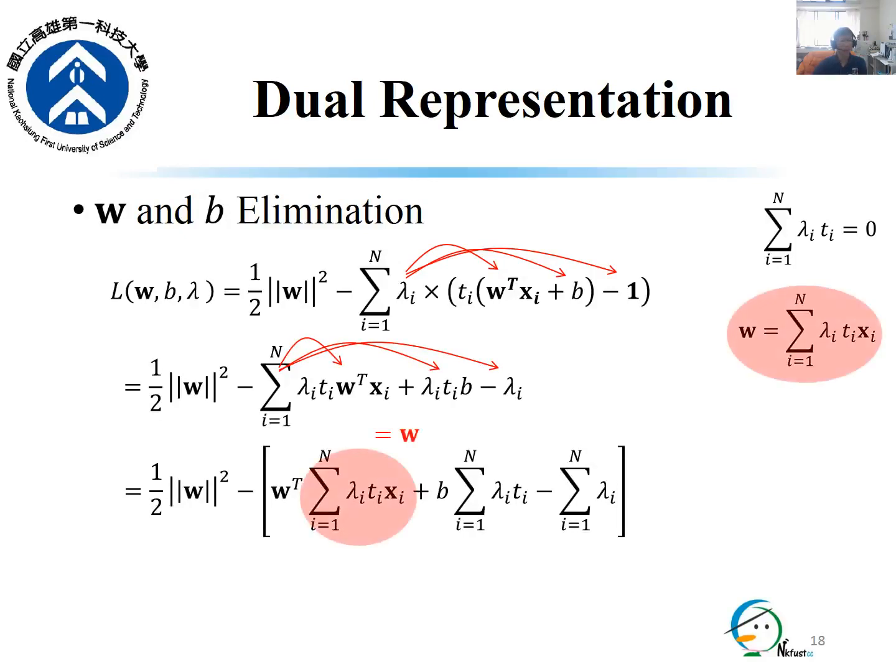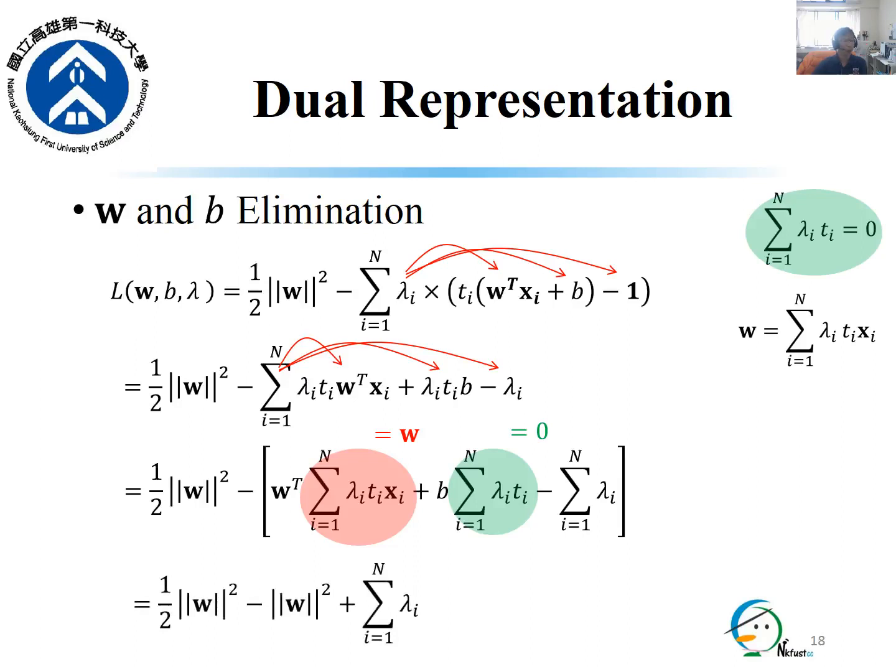This term is W, and this term is 0 according to the obtained two equations. Thus, Lagrangian function equal to 1/2 times W norm square minus W norm square plus the summation of lambda I over I. And this becomes the summation of lambda I over I minus 1/2 times W norm square.